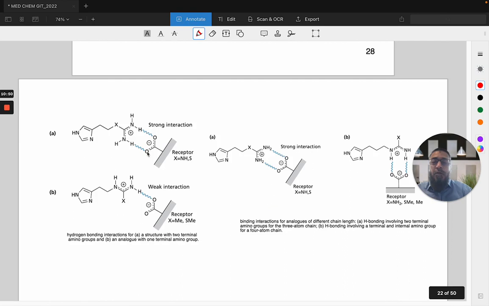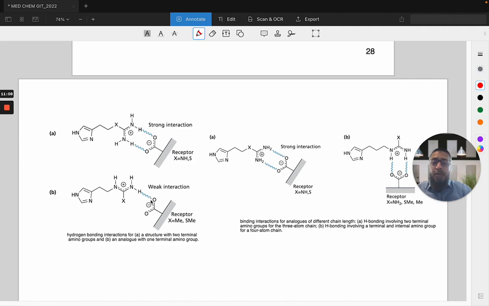So this is how you can see the terminal part of the alpha molecule binds with the receptor through ionic bonding and hydrogen bonding, right? So strong bonding, right?